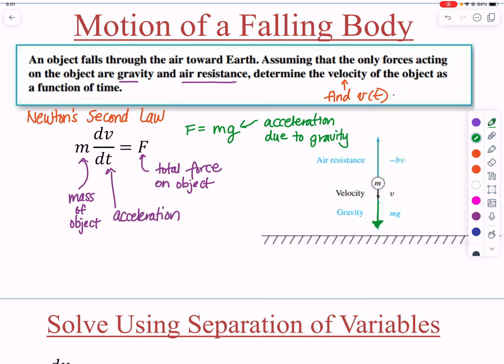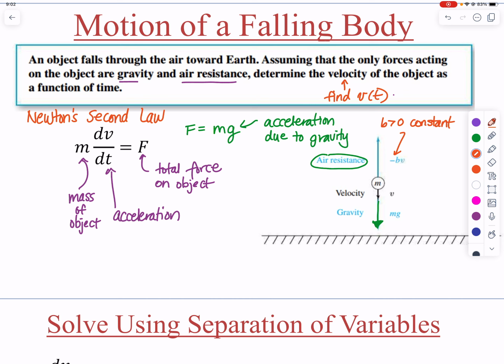We also consider air resistance, and here we will be using a constant b, and b is going to be a positive constant. And that constant depends on the density of the air and the shape of the object. We are using a negative sign since air resistance opposes motion.